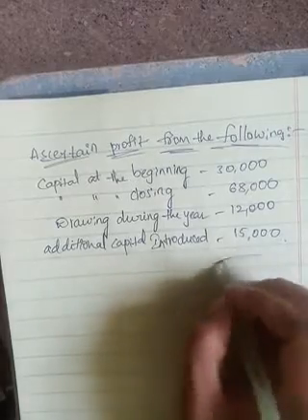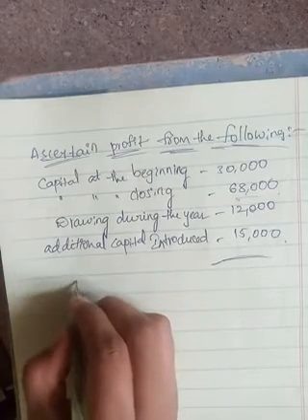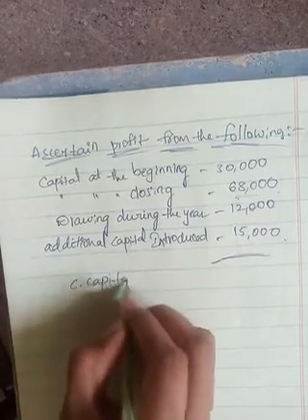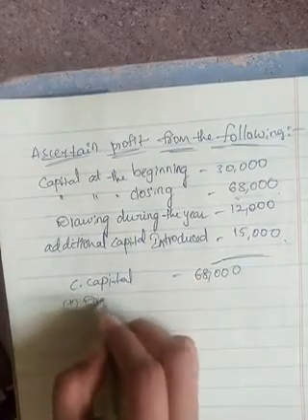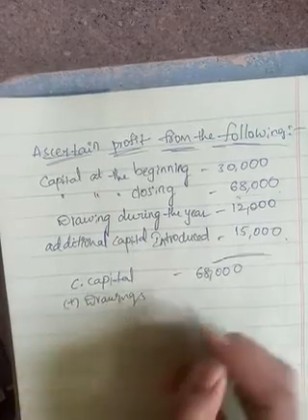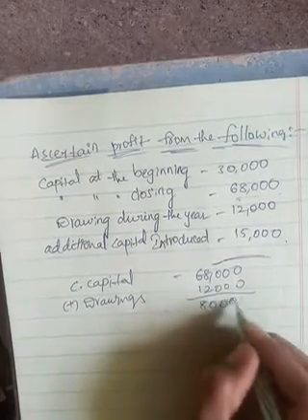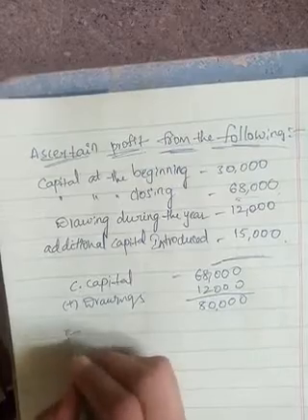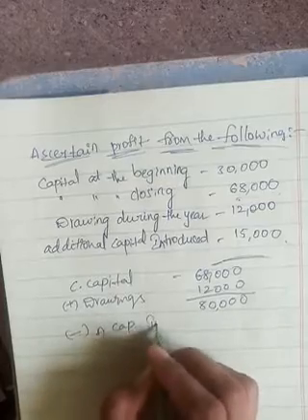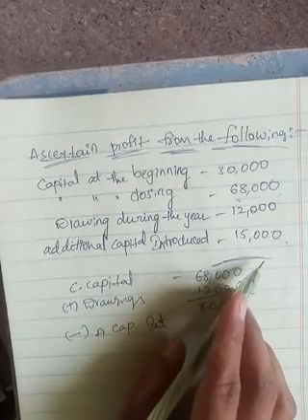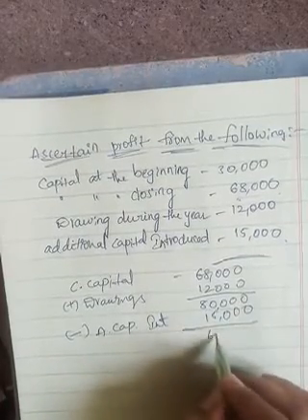Now find out the profit. How do we find it? Easily. Closing capital is 68,000. Add drawings of 12,000. The total is 80,000. Less additional capital introduced of 15,000 gives 65,000.